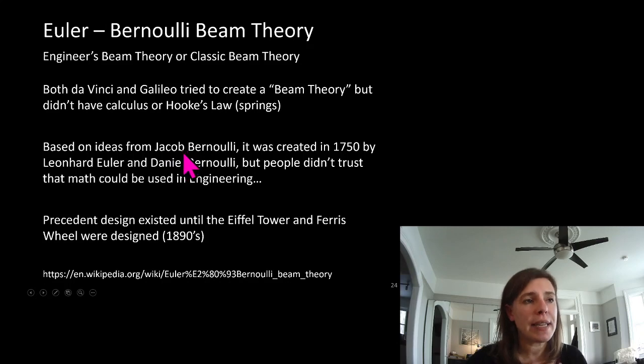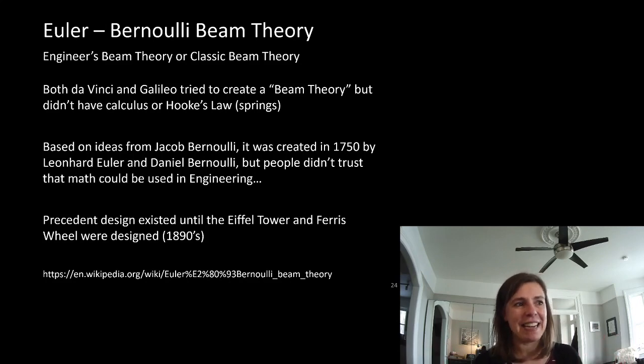So it was based on ideas from Jacob Bernoulli. It was finally solidified in 1750 by Euler and Daniel Bernoulli, who was a nephew of Jacob Bernoulli. But everyone was like, okay, that's great, you guys. You've got this fancy beam theory, but no one's going to trust math. Don't be silly. Why would we ever use math in engineering?